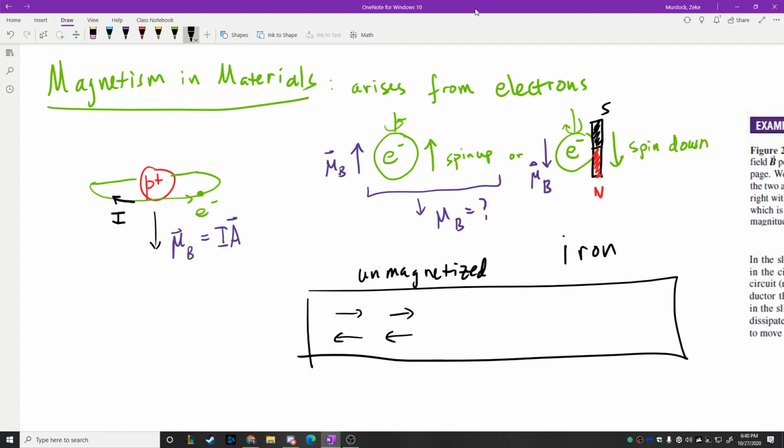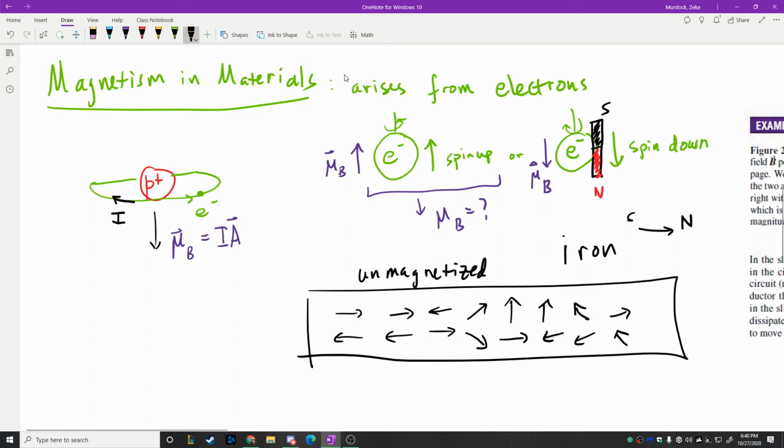Everything is randomly oriented, and I'm not going to do this completely properly, but we just have these randomly oriented magnetic spins, like this right here. Each one of these arrows represents a little magnet. This represents the north end, and this represents the south end. So maybe they're all just randomly aligned.